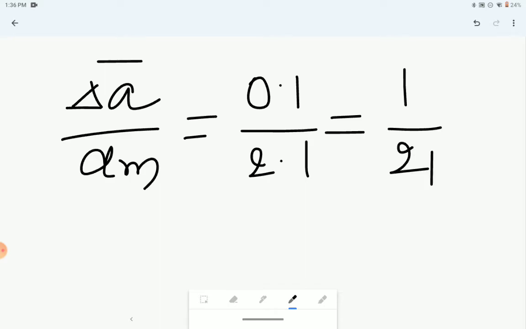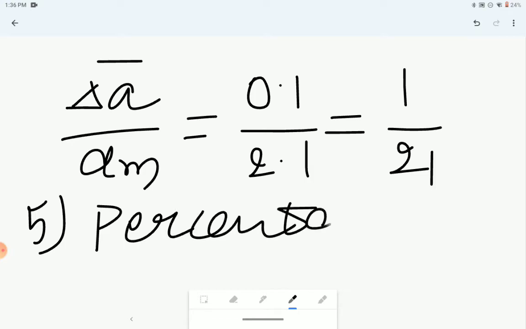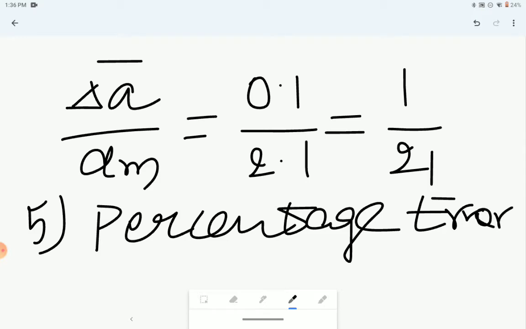And the fifth one is percentage error. In many questions in JEE Mains especially, we will be asked to find the percentage error.